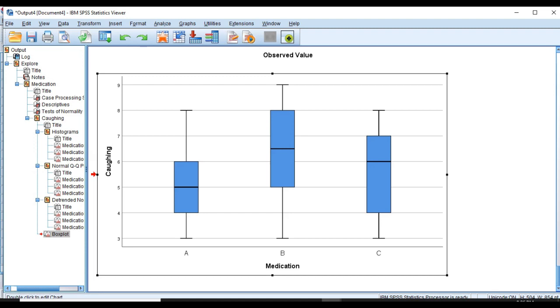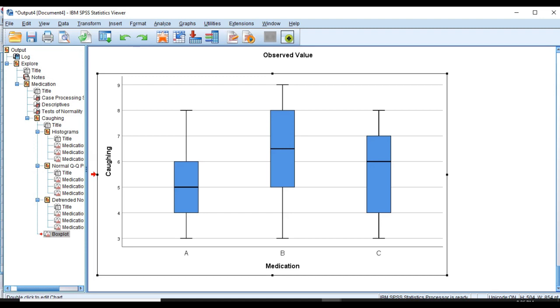And also the interquartile range for C and B are quite the same, and for A is smaller. So as you can see, they're not identical, but they are similar. So that's what we're looking for, and we can say that we met the assumption. So we're good to go.